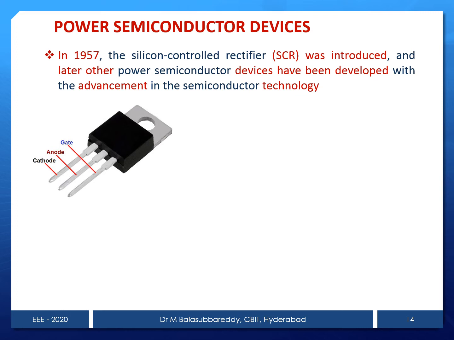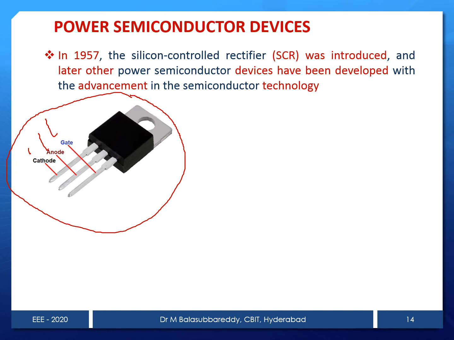If you observe this symbol when you are working in the laboratory, we can see how to connect the devices to the load side. Here you can observe the first terminal is the cathode, the second one is the anode, and the third one is the gate. This is the real component I just mentioned.